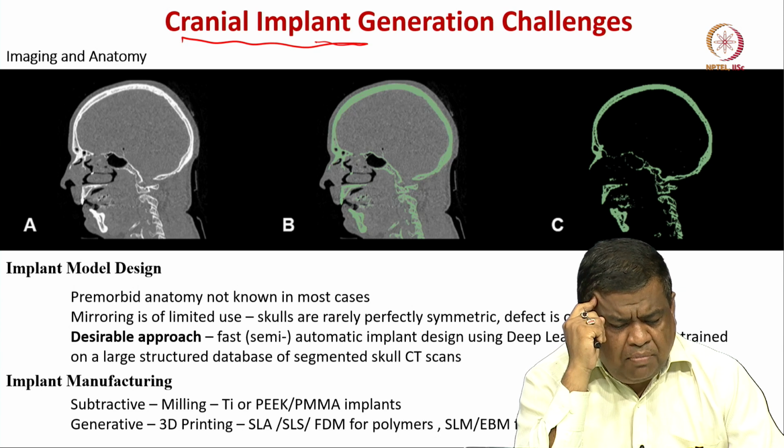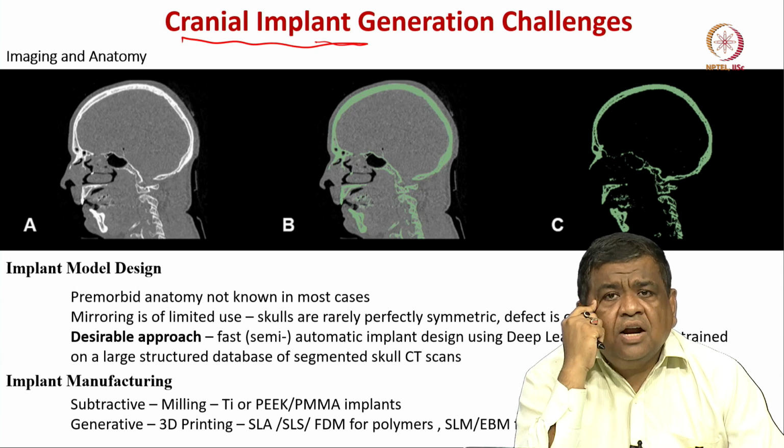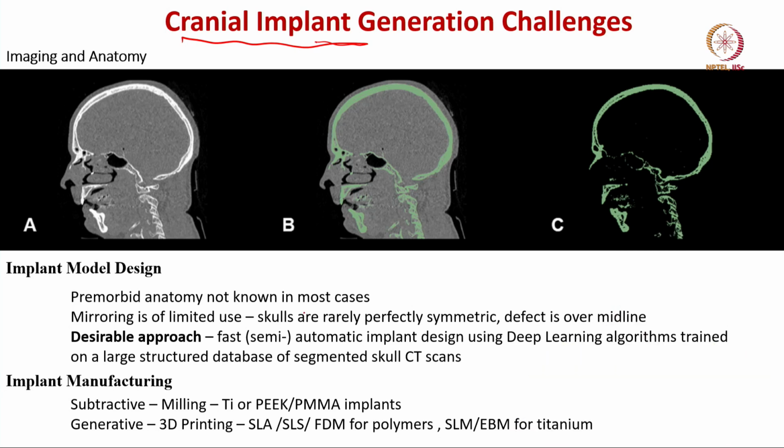You can see the implant model design: many times the pre-morbid anatomy is not known in clinical cases, and mirroring of this image is of limited use because skulls are rarely perfectly symmetric. You have to remember that skulls are rarely perfectly symmetric and the defect may be over the midline.